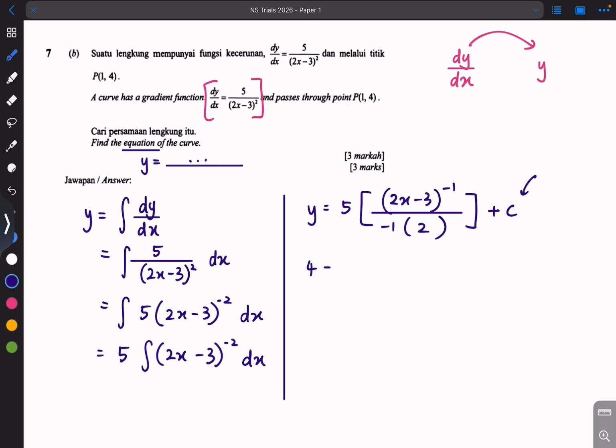So let's sub this in. Since the power is negative 1, we can bring it down. So we say 5 over negative 2 times (2x minus 3), and since there is nothing on top, we put 1, plus c.